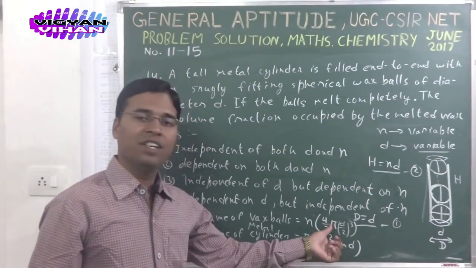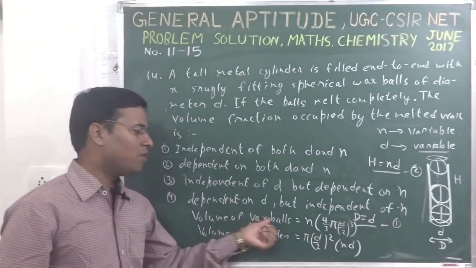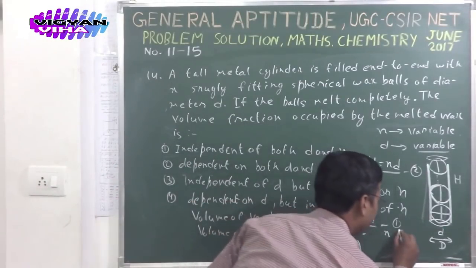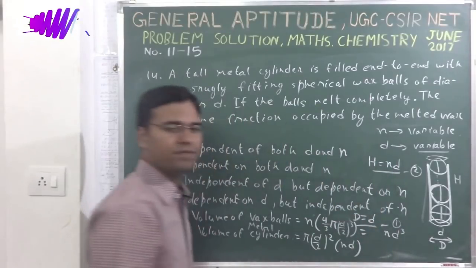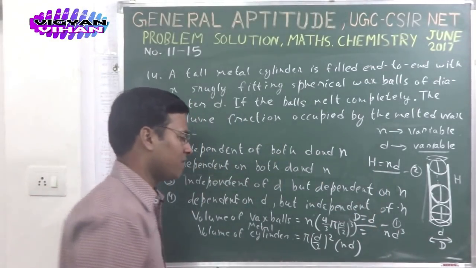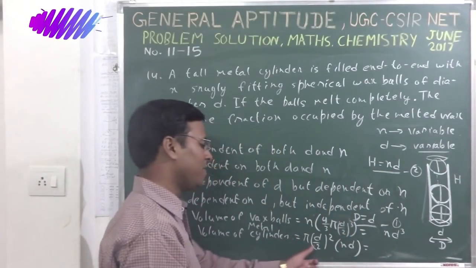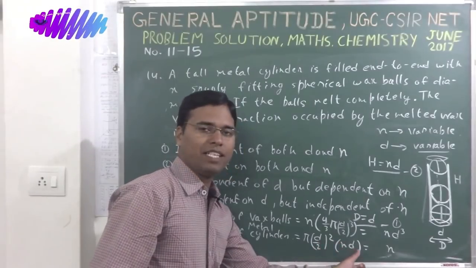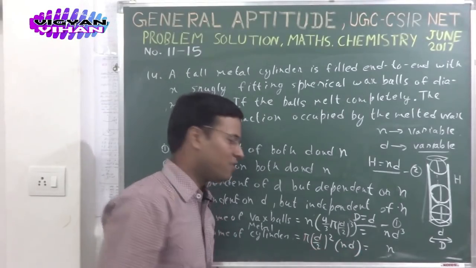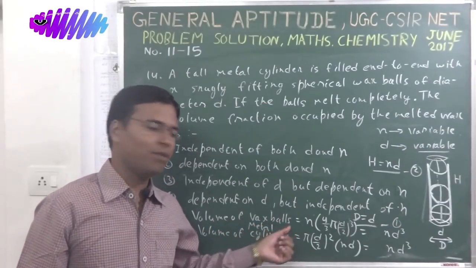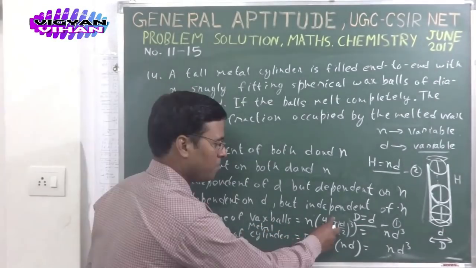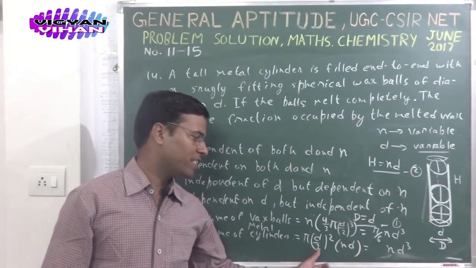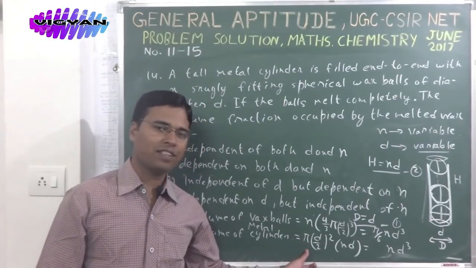Now there are variable terms in the volume of wax balls, small n multiplied by small d cube. In the volume of the cylinder, it consists of the variable terms small n multiplied by d square multiplied by d, that is d cube. In the volume of wax balls, the constant term would be pi by 6. In the volume of the cylinder, the constant term is pi upon 4.